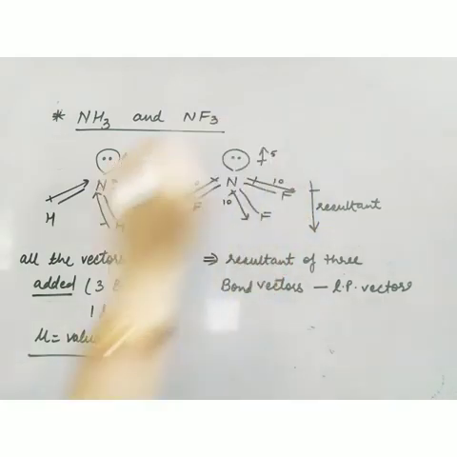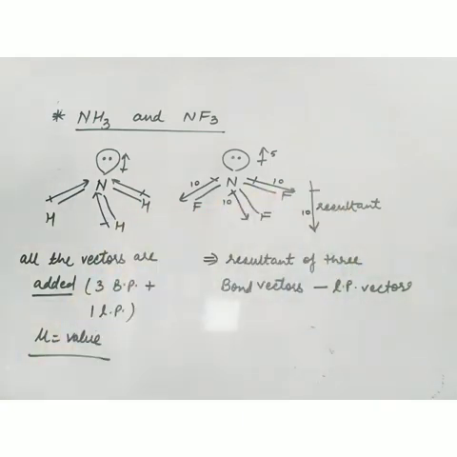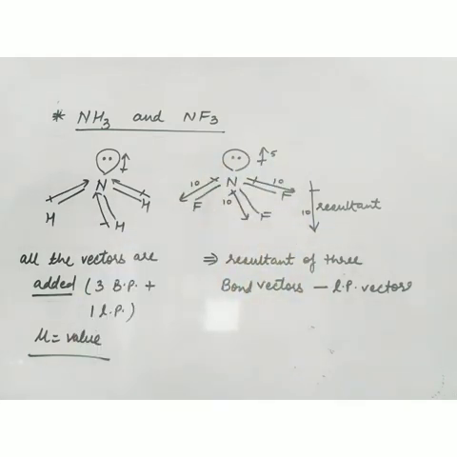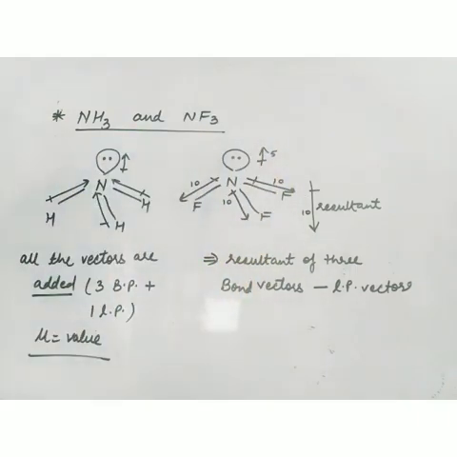So this will be 5 like this. Now these 3 are 10, so this will be 10 only. Okay, if the 3 vectors are same, the resultant is having the same value. Okay, so it is 10 now. So 10 minus 5, it will be like this. So here all the 4 vectors are not added, 3 are added and the 4th is subtracted. Here also the dipole moment has some value, but its value will be less.